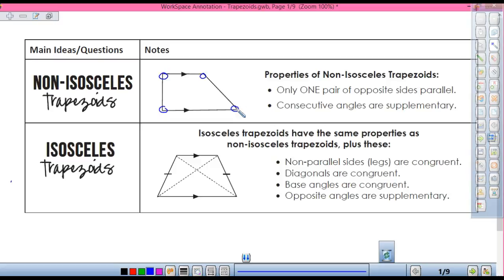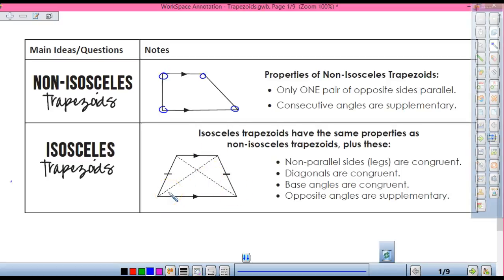If your trapezoid is isosceles, that means that your non-parallel sides, so if these are my parallel sides, my non-parallel sides are going to be congruent. If it's isosceles, we just talked about our non-parallel sides being congruent. My diagonals are going to be congruent.